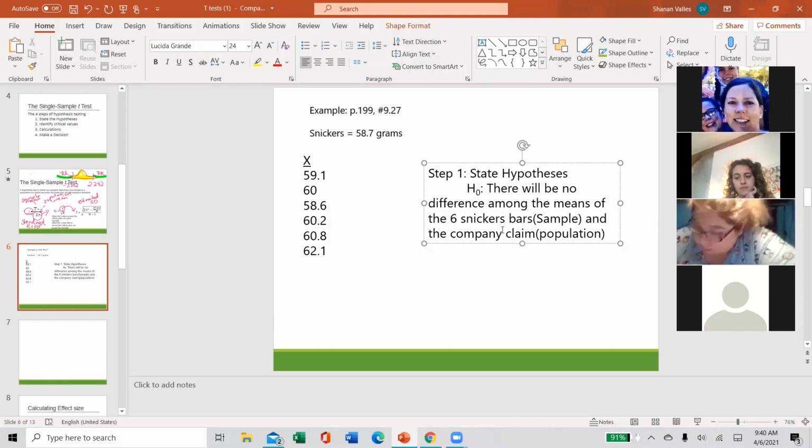This shows me you know what you're testing. All right. And there's lots of different ways you could write that. You could say there will be no difference between the 6 Snickers bars and 58.7 grams. You could say that. There's lots of different ways that you can write this. Okay.